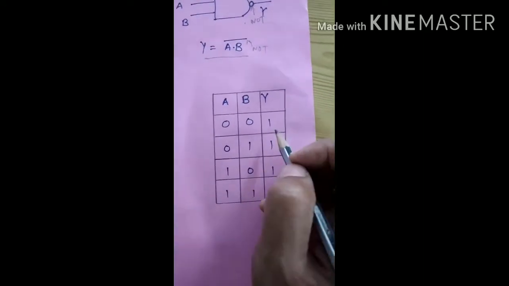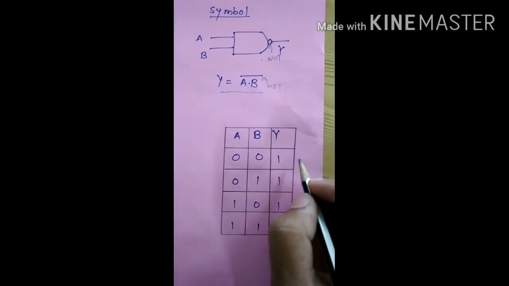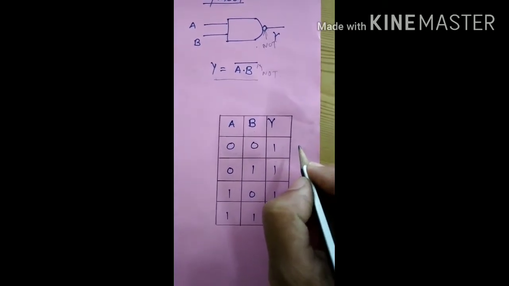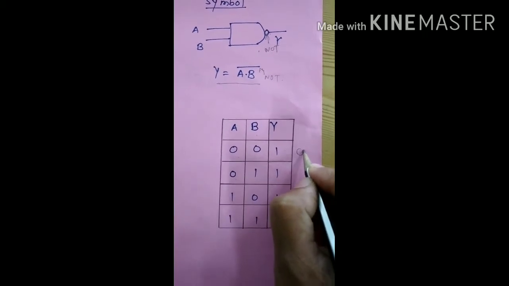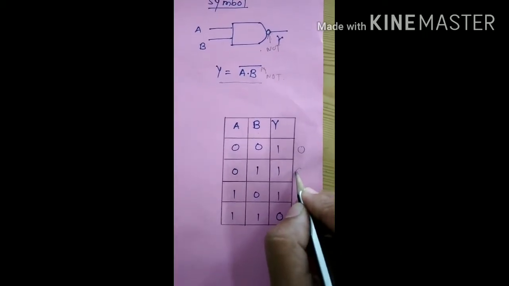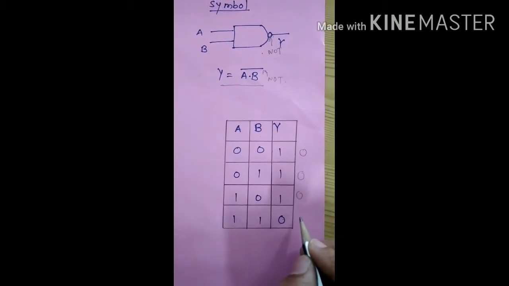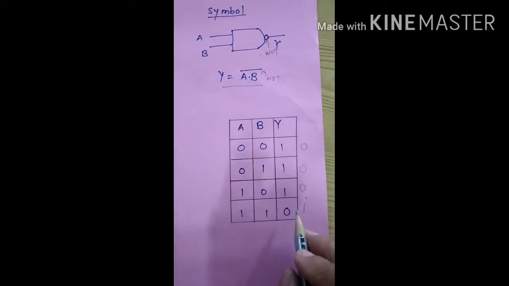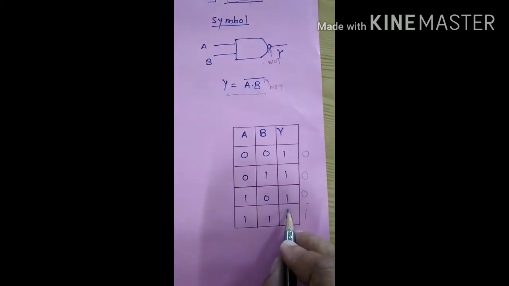If you know the AND gate truth table, AND gate is a logical multiplication. So 0 into 0, 0; 0 into 1, 0; 1 into 0, 0; 1 into 1, 1. So exactly opposite of AND gate truth table is nothing but a NAND gate.